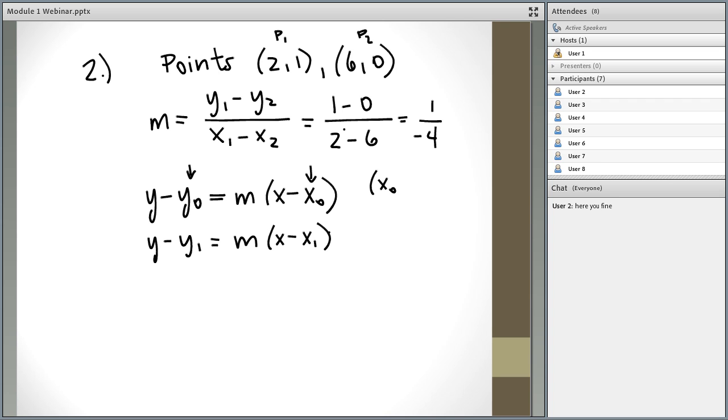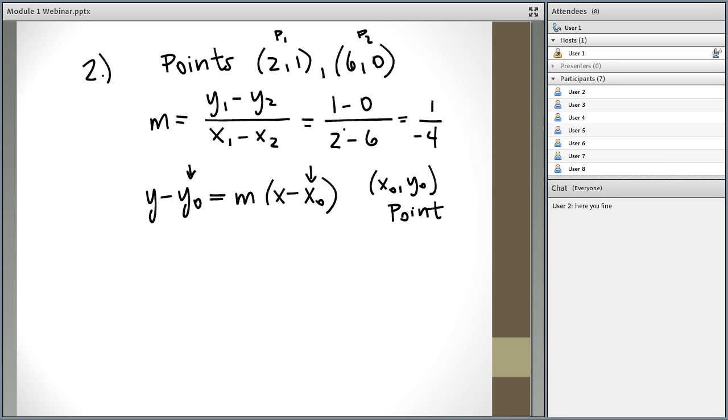So x naught, y naught is just the point on the line. So we have 2 points in this case. Is there one that we can use and we can't use the other? No, they're both points on the line. So we can use either one of them to get our equation of the line.